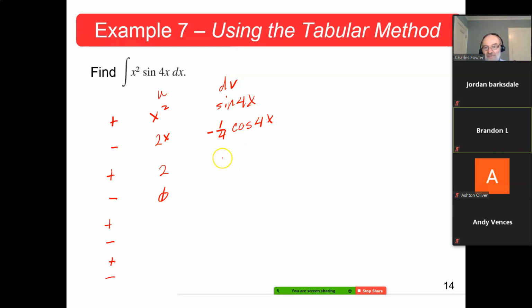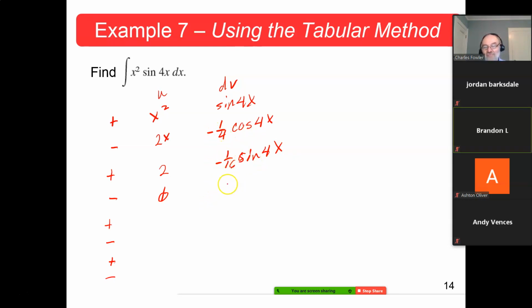Antiderivative of this would be another one, 1/16, and this would be then a sine of 4x. Okay, see, that didn't change because the antiderivative of cosine is positive sine, but that minus sign carries with it.